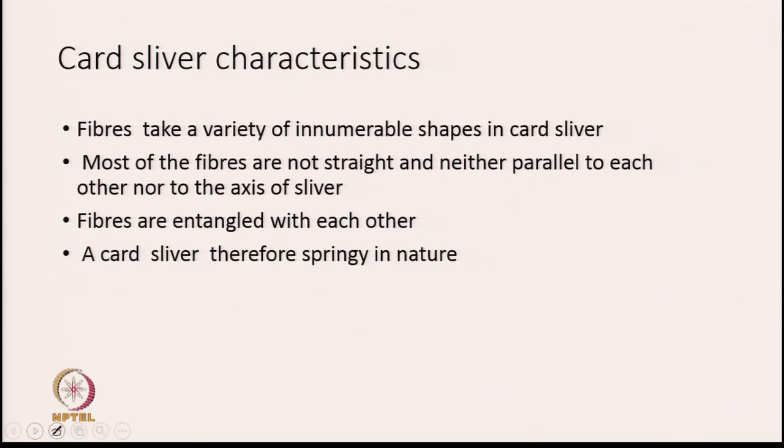Most of the fibers are neither straight, nor parallel to each other, nor to the axis of the sliver. Another point is that fibers are entangled with each other, and a card sliver therefore is springy in nature.